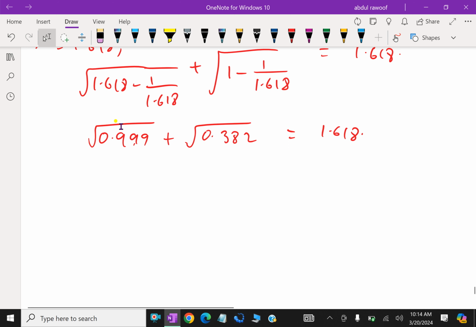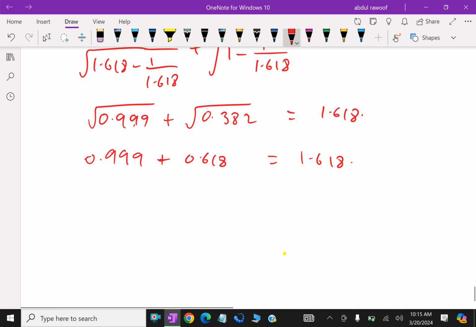Square root of 0.999 is also 0.999 to 3 decimal places, and square root of 0.382 is 0.618.